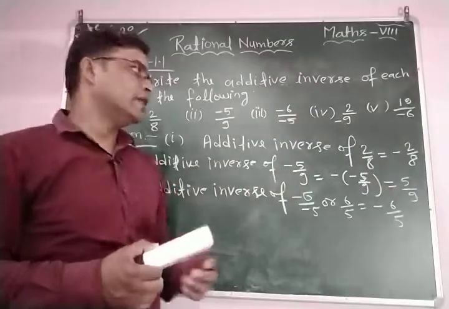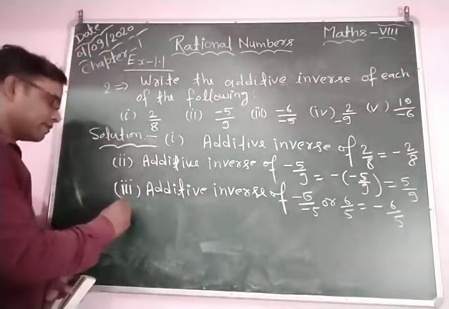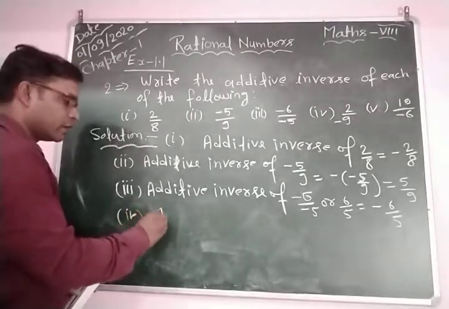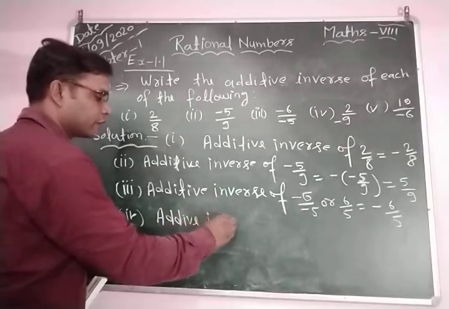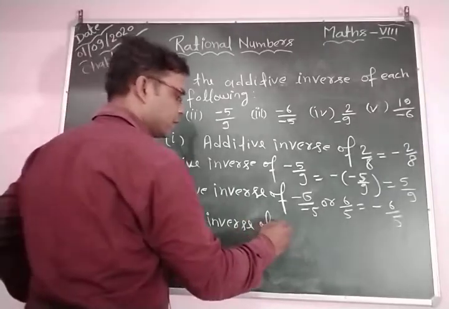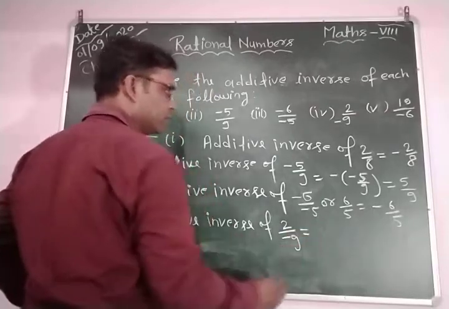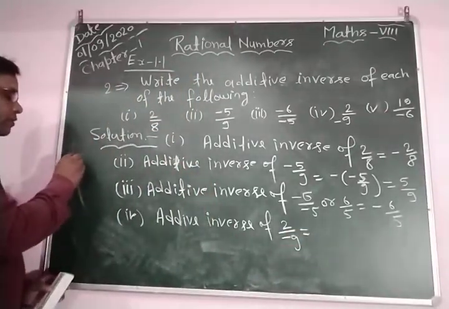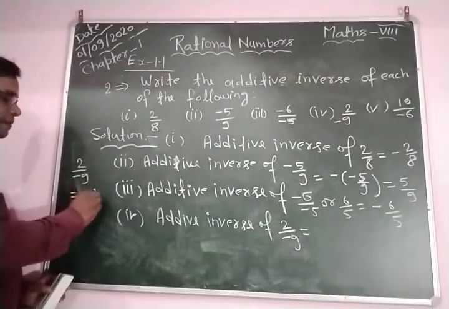Next part, 2 by minus 9. Okay. So we find here the additive inverse of 2 by minus 9. This is equal to, you can write, look here, 2 by minus 9 is equal to minus 2 by 9.